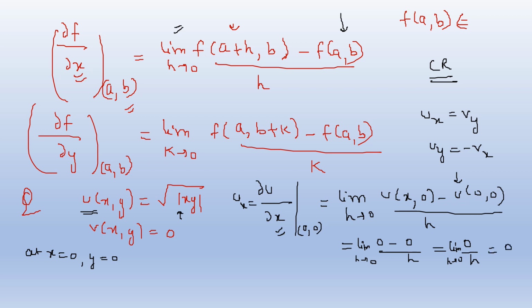Similarly, if you have to find out uy, what will it be? Del u by del y, correct? So del u by del y at 0 comma 0, right?